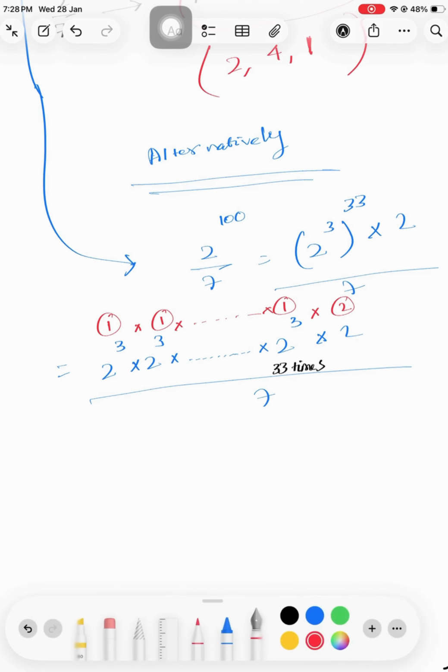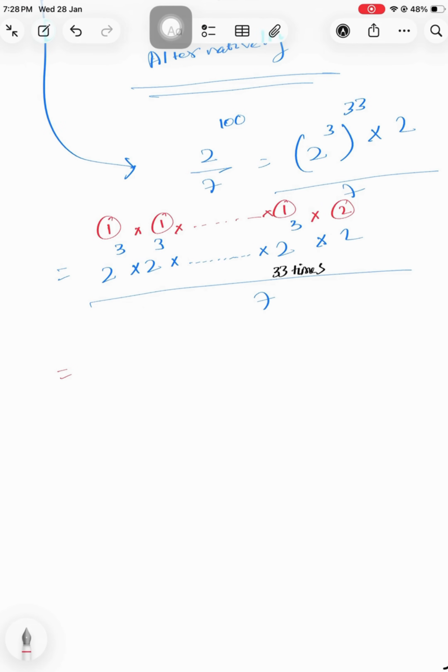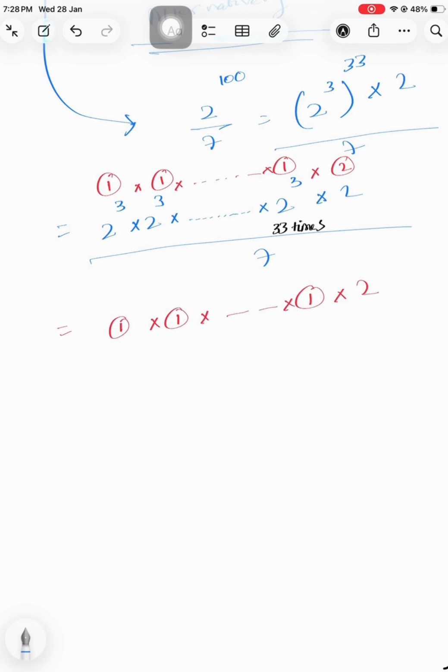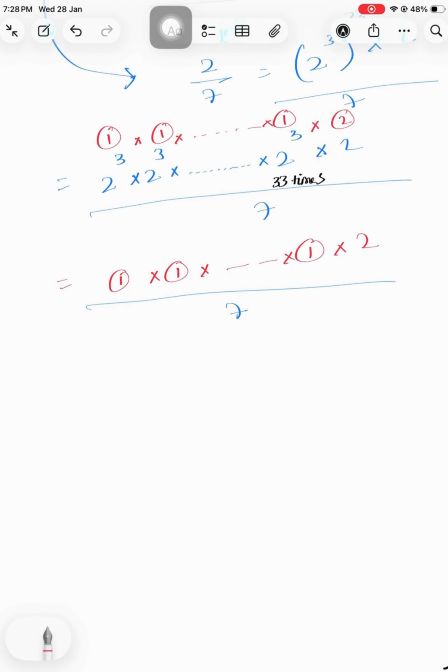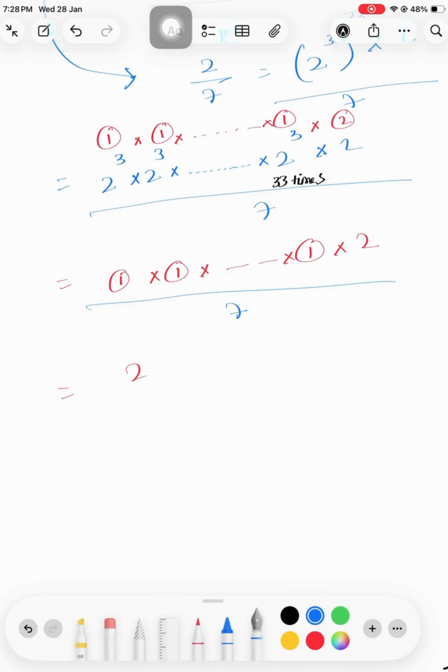If it is expressed in such a way, then finding the remainder becomes very easy. Now applying the same concept discussed earlier, this 2 cube, which is 8, appears 33 times in the numerator, and yes, there's an extra 2 that is a completely separate thing.